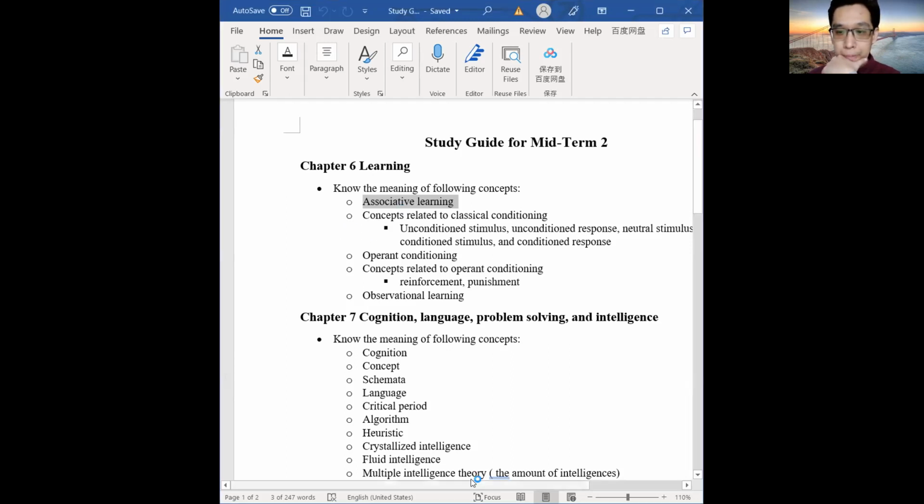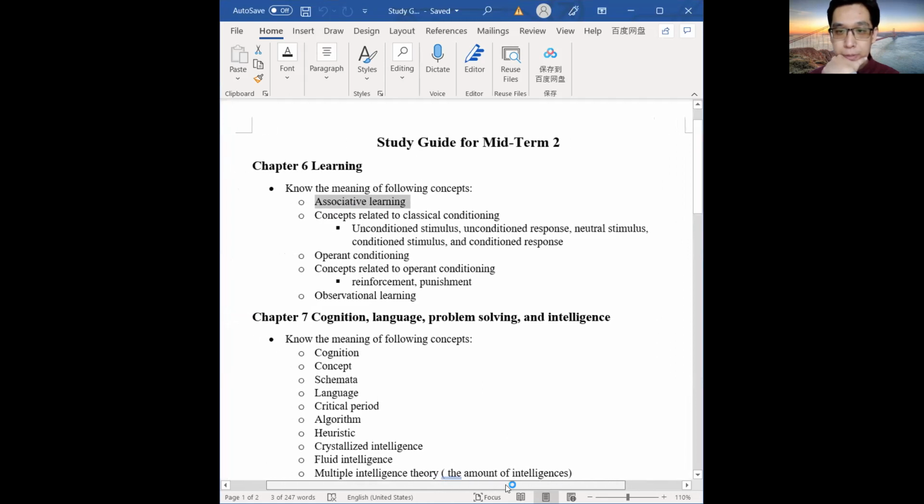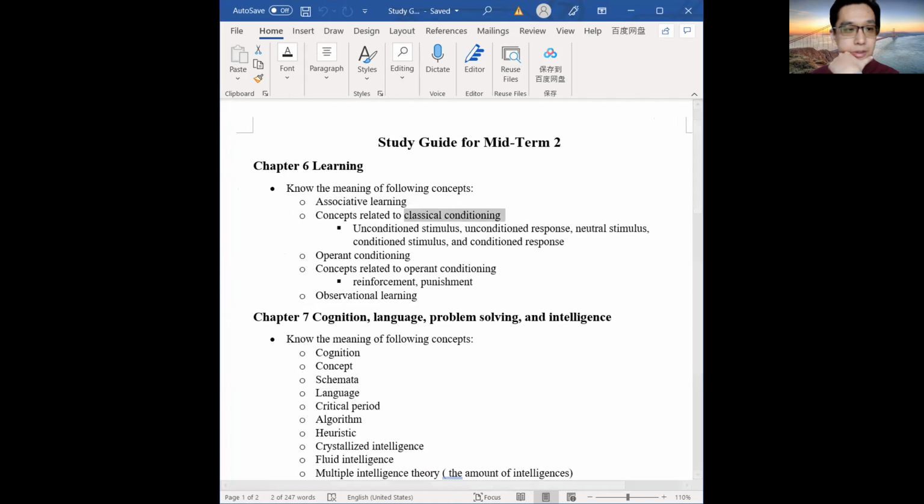And also some other concepts about classical conditioning. Classical conditioning is a really important part in this chapter. There are a few concepts involved in the process of classical conditioning. We must know them.